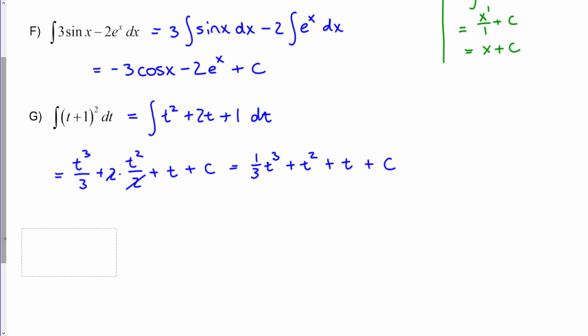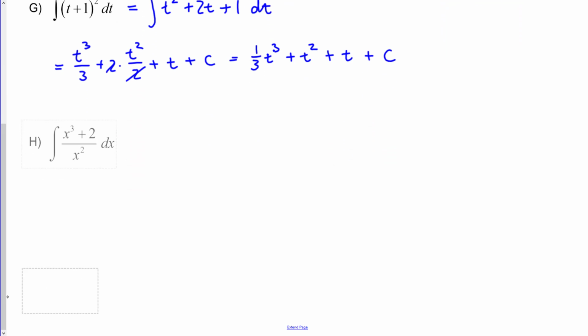Next up, the antiderivative of x cubed plus 2 divided by x squared. Here, what we can do is, again, manipulate this algebraically. I have a polynomial divided by a monomial, and you can simplify that by taking each of the terms of the polynomial in the numerator and dividing them by the monomial in the denominator.